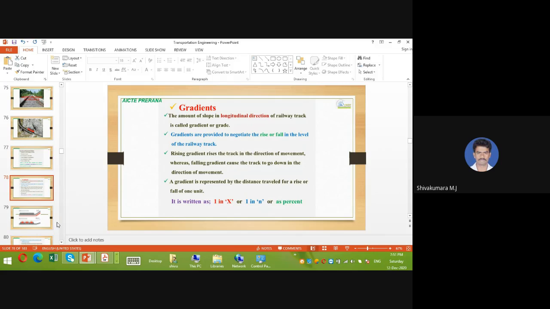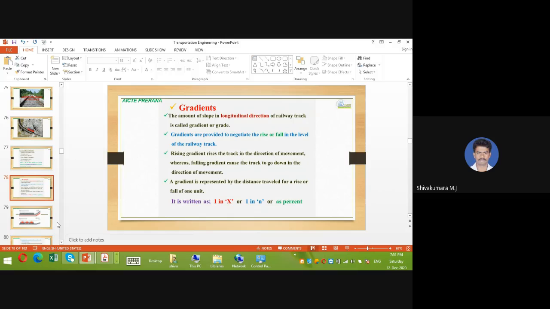A rising gradient raises the track in the direction of movement, whereas a falling gradient causes the track to go down in the direction of movement. So there are two types of gradient, rising gradient and falling gradient. A gradient is represented by the distance traveled for a rise or fall of one unit. That is why we write it as 1 in x.